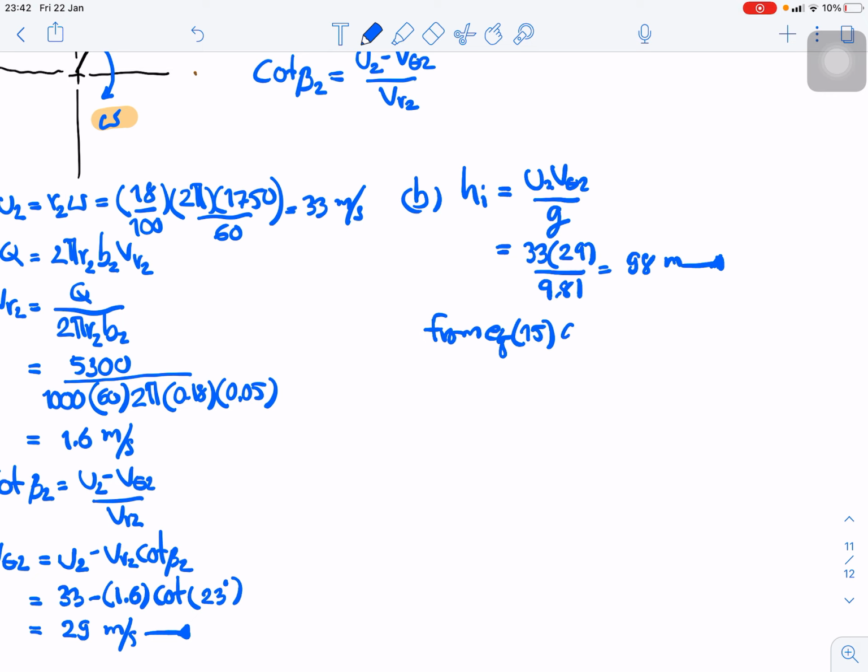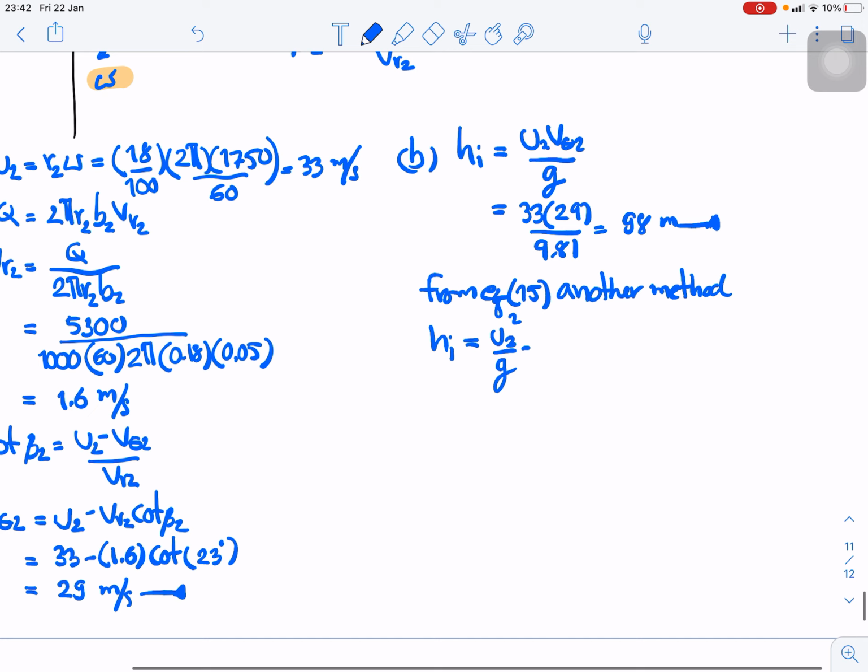Another method is the longer equation: u2 squared divided by g minus u2 VR2 cot beta 2 divided by g.